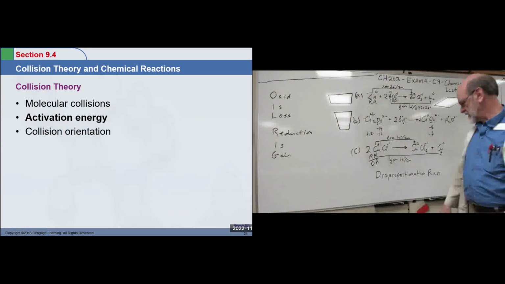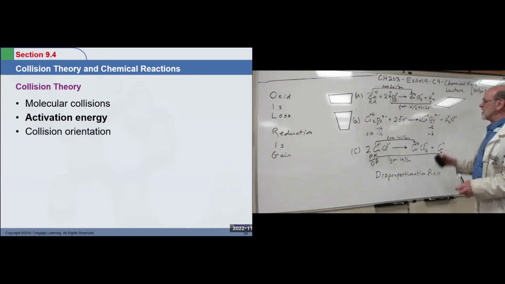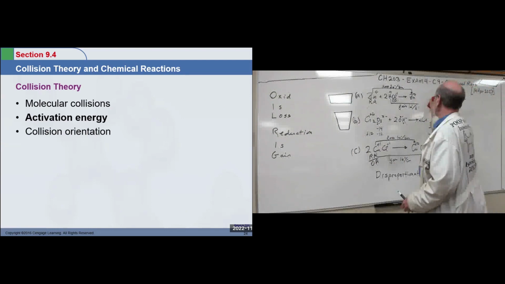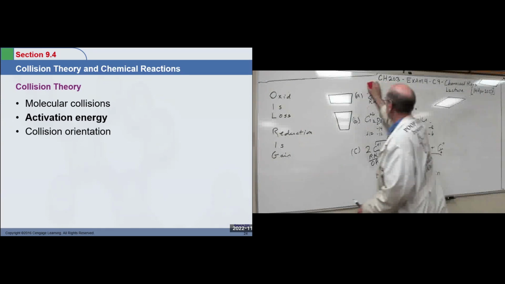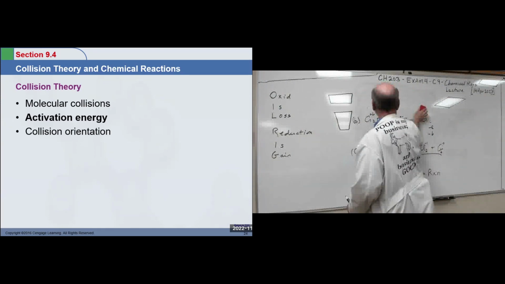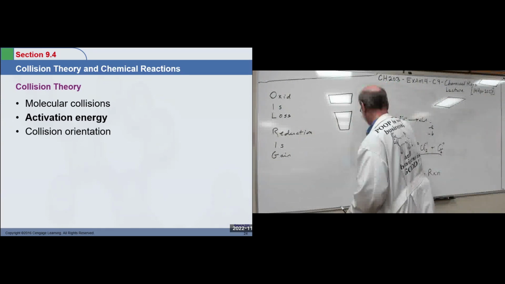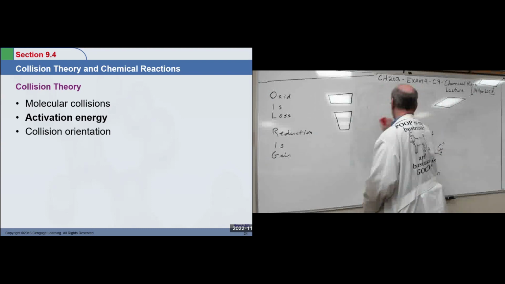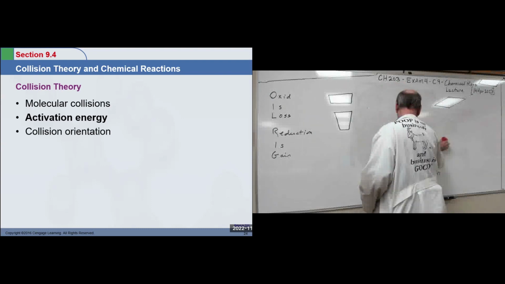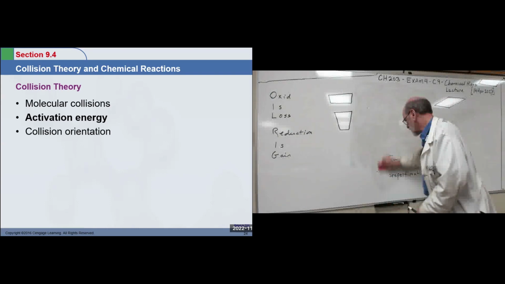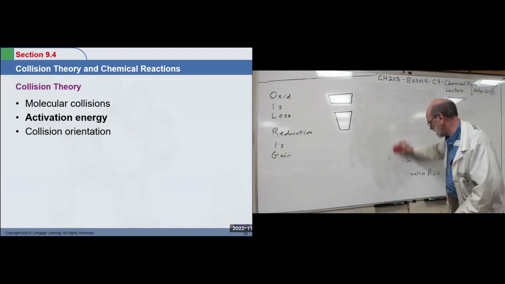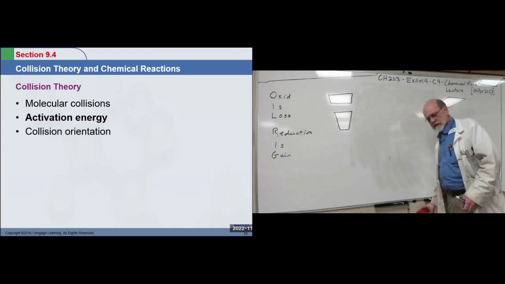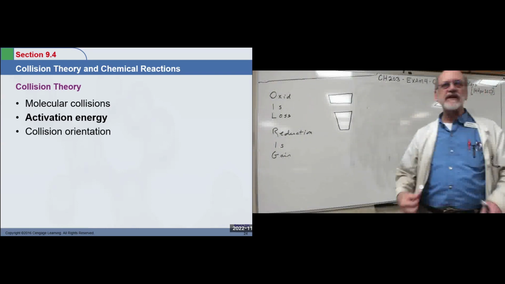Okay. Now let's take a look at a theory. The theory behind chemical reactions. I usually introduce this theory in my general chemistry class for a discussion of kinetics, speed of reaction.